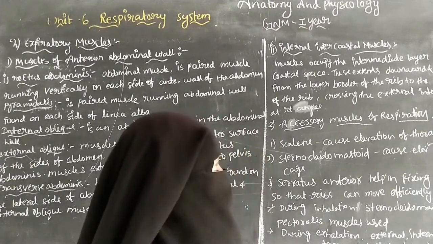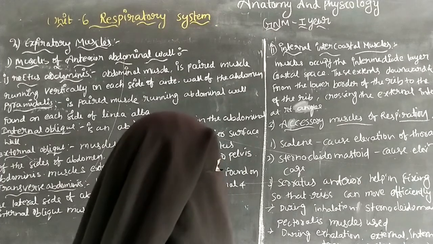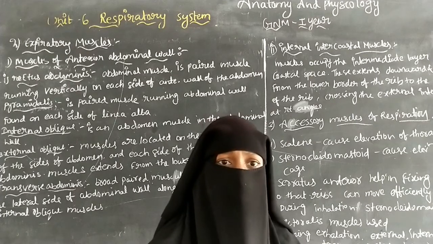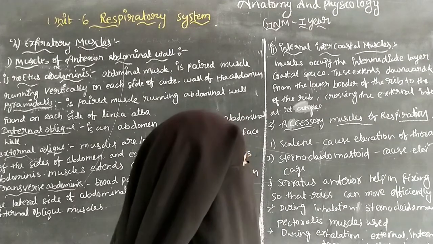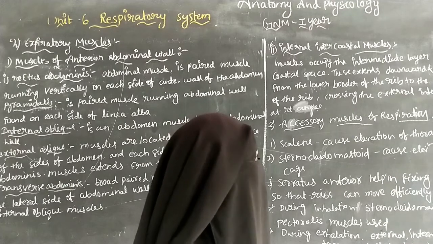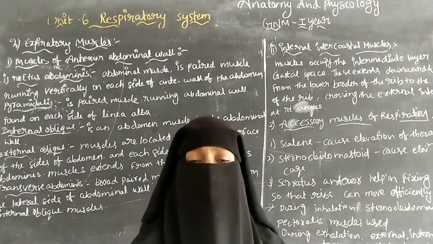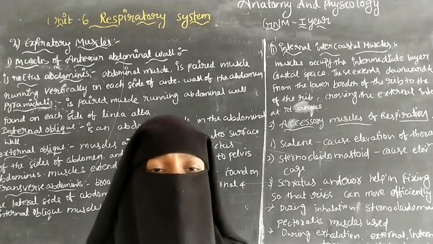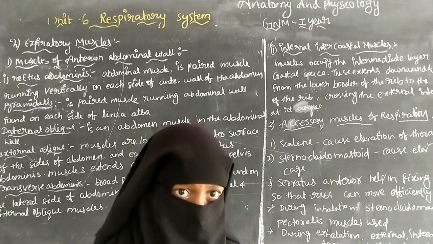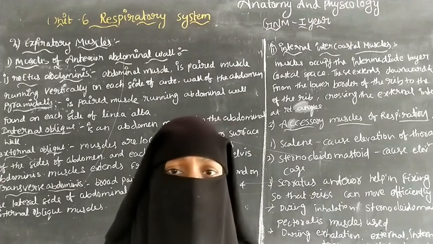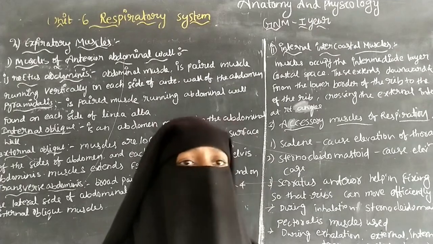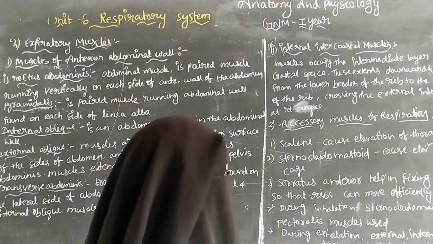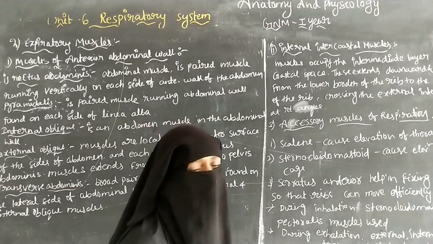There is a middle layer of the intercostal space, and the internal intercostal muscles extend from the lower border of the rib to the upper border of the rib, running downward and backward. They cross the external intercostal muscles at a right angle.